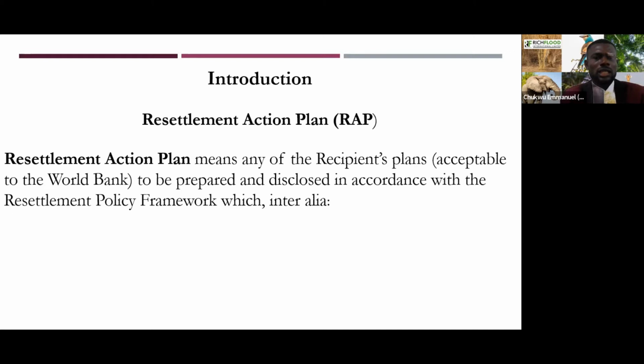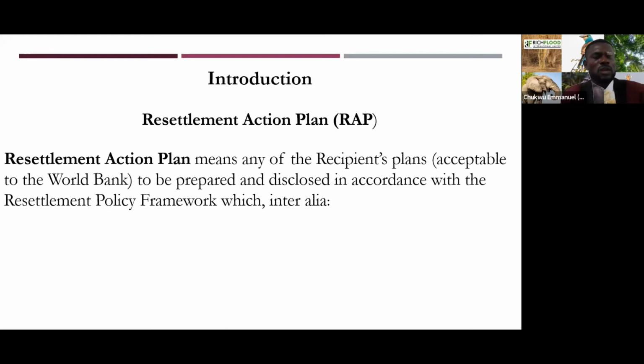We say that this means any of the recipient plans to be prepared and disclosed in accordance with the resettlement policy framework, which inter alia contains a census survey of displaced persons and evaluation of lost assets.